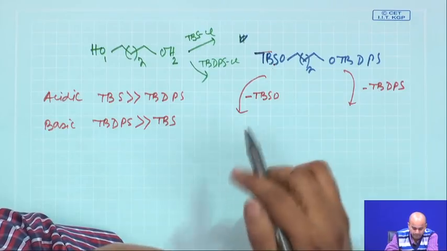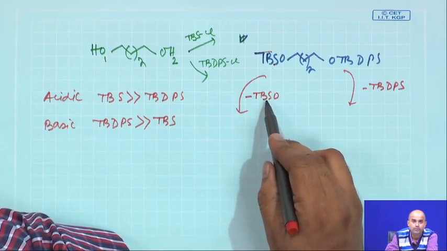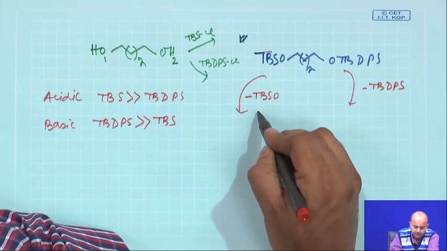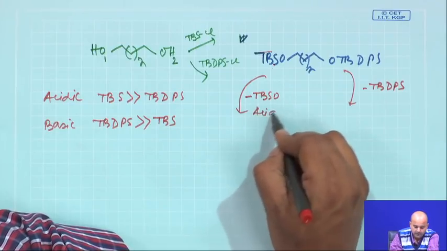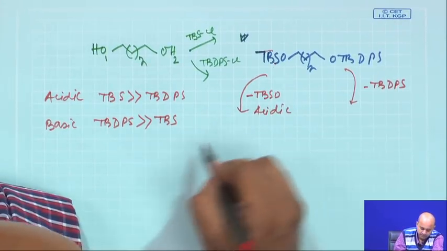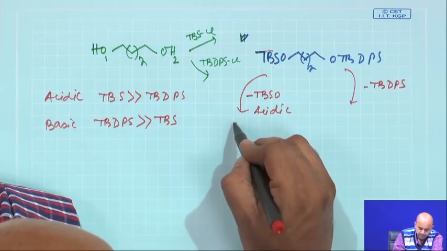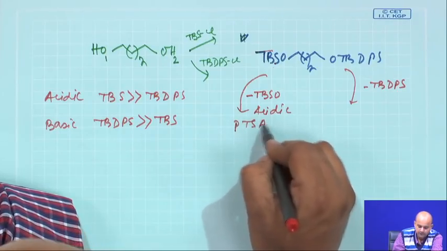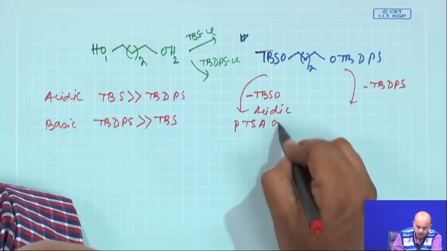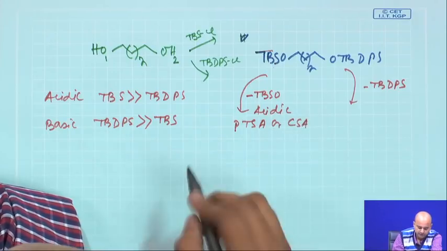So if you selectively try to remove the TBS, you need to use acidic conditions, and the preferred acid is a simple sulfonic acid, para-toluenesulfonic acid or camphorsulfonic acid.